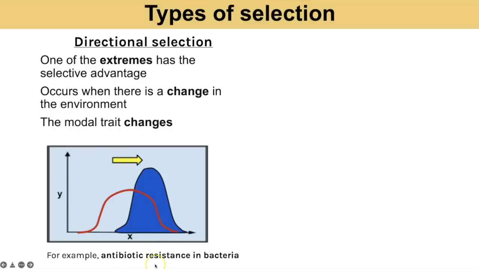And in the case of antibiotic resistance, when there was a change in the environment, which is introduction of antibiotics, the bacteria which had the alleles for high resistance to antibiotics were more likely to survive and pass on that allele for antibiotic resistance. And that's why we saw this shift and antibiotic resistance allele became far more common in the species.